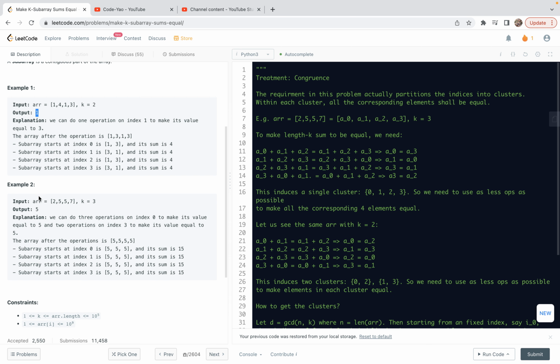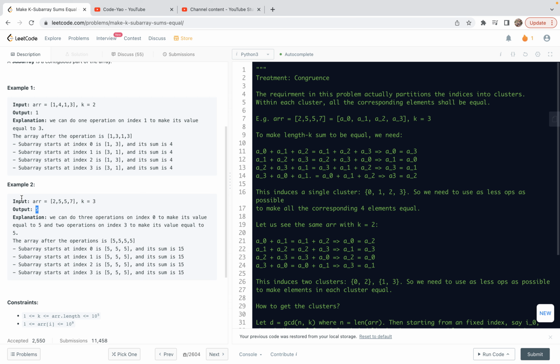In the second example, the output is 5. Basically, we change all the numbers to be 5. To change 2 to 5, we need 3 operations. And then from 7 to 5, we need 2 operations more. So we have 3 plus 2, that is 5 for the output.